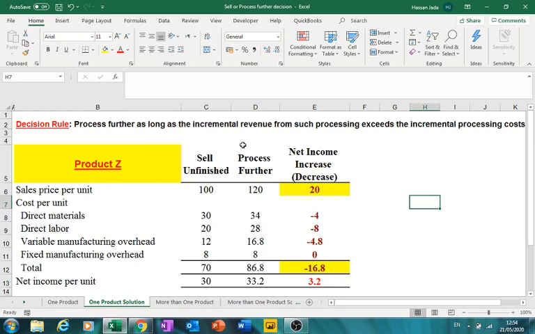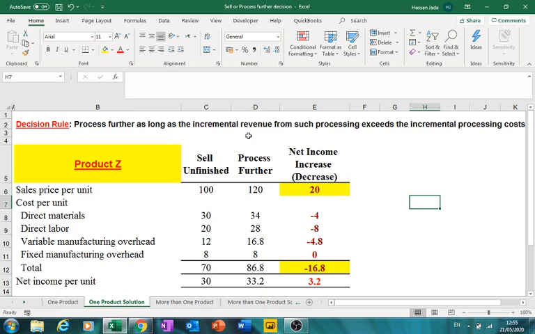In this case we assume that the number of units produced and sold from the unfinished equals the finished product. If we, for example, produce and sell 1000 units, we assume the same for both. If we can't assume that, then we must convert this per unit information to total information, total revenue and total cost, and compare the additional total revenue to the additional total cost to see if the incremental total revenue exceeds the incremental total cost.